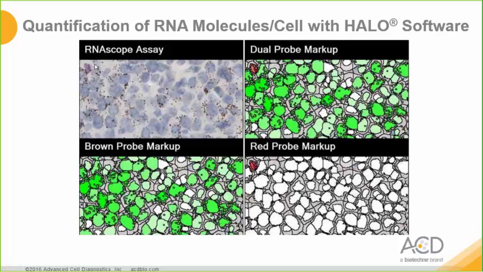Unlike the example I showed you for SPOTSTUDIO, I believe the binning in this example is in line with our standard scoring system. So looking at the dual probe markup in the top right, these cells with white nuclei have no dots. The cells with light green nuclei have 1 to 3 dots.